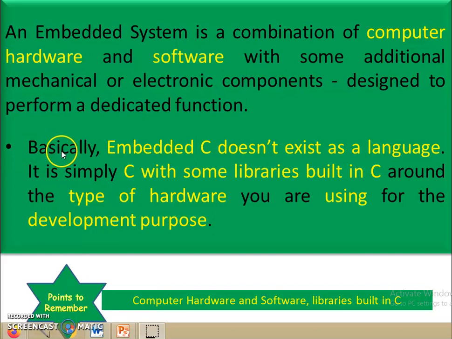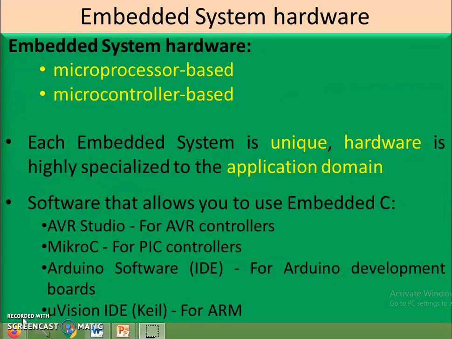Basically, Embedded C does not exist as a language. It is simply C with some libraries built in C around the type of hardware you are using for development. Points to remember: computer hardware and software, libraries built in C.